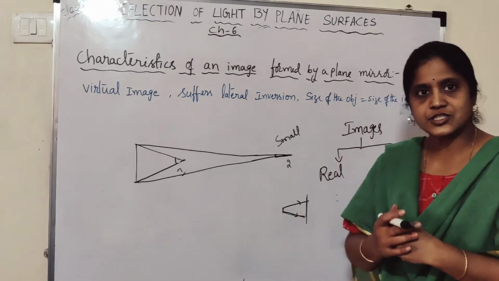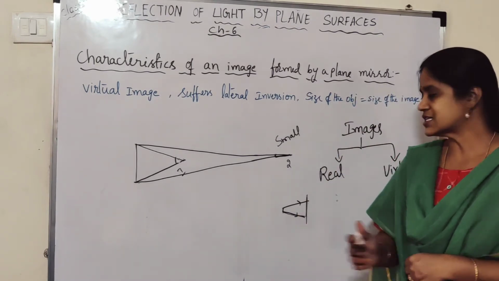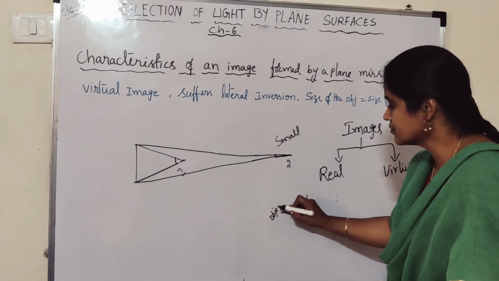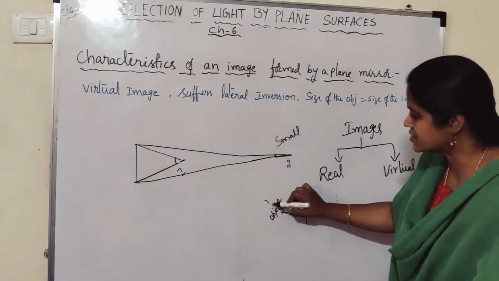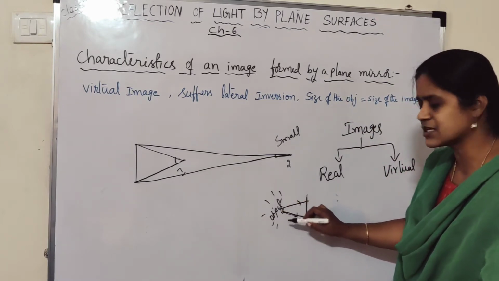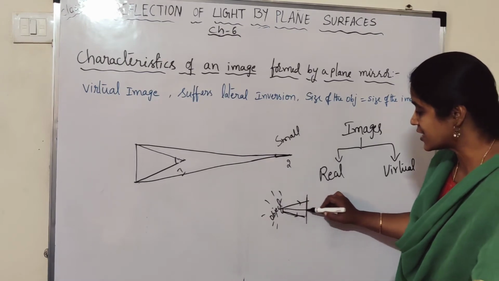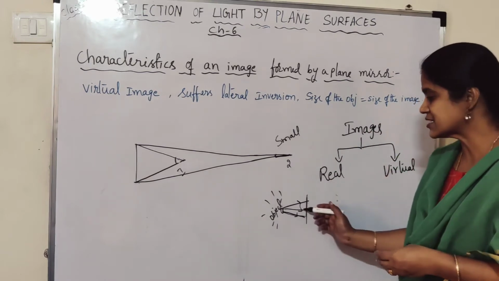So you can catch the image of an object on the screen. In this case, this is an object. From a tubelight or any source, the light rays fall on this object. From this object, the rays are reflected. When the reflected rays reach our eye, then we can see the object.